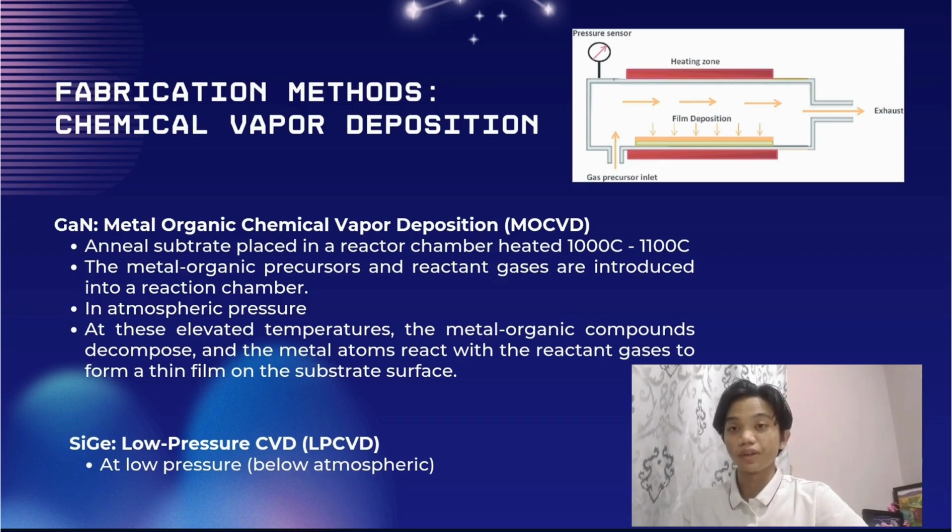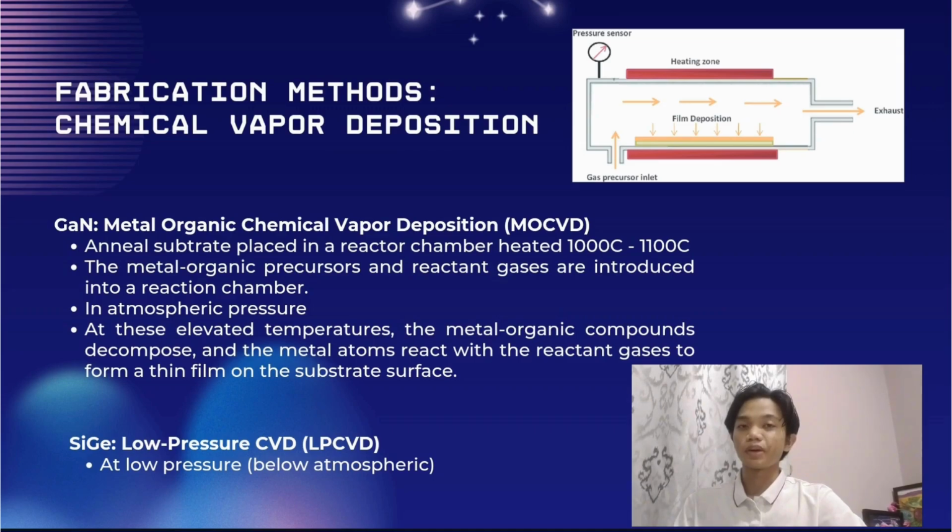This process involves the chemical reaction of gaseous precursor that will decompose on the substrate surface to form the desired deposit. For gallium nitride, the commonly used CVD deposition is metal organic chemical vapor deposition, or MOCVD. The annealed substrate is placed in the reactor chamber heated around 1000 degrees Celsius until 1100 degrees Celsius.